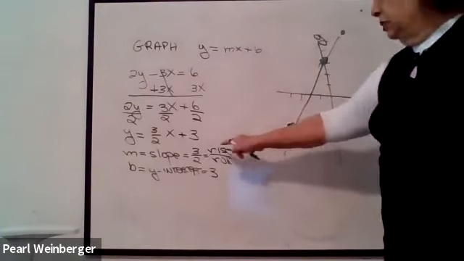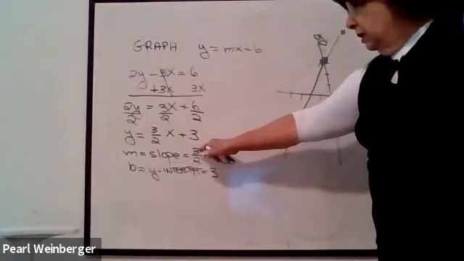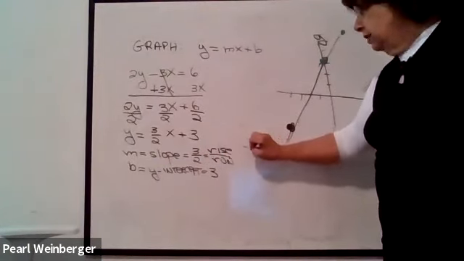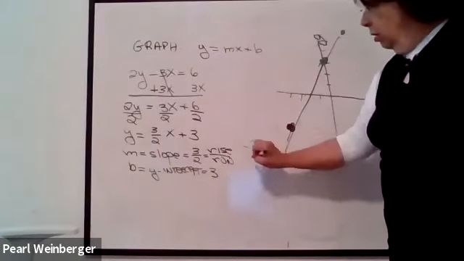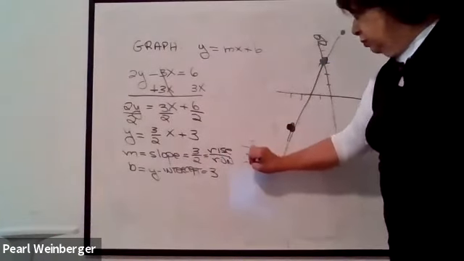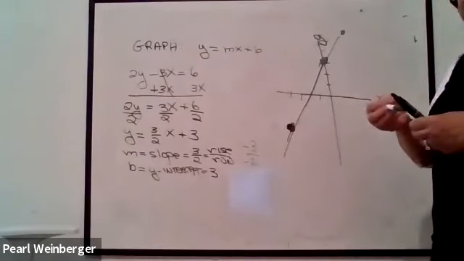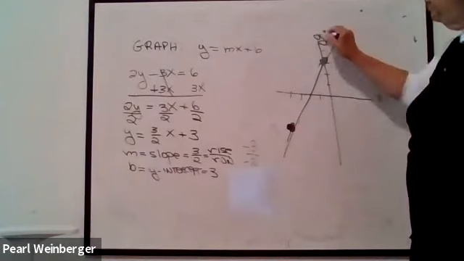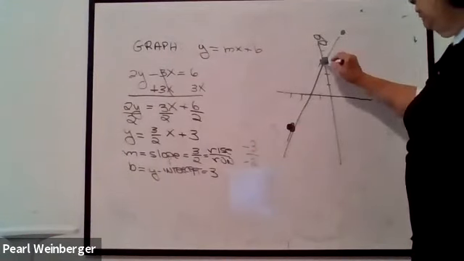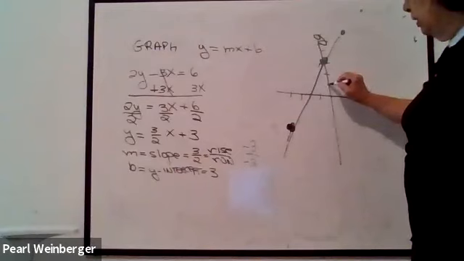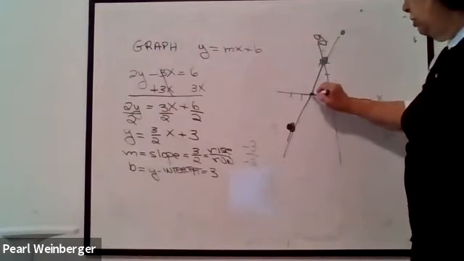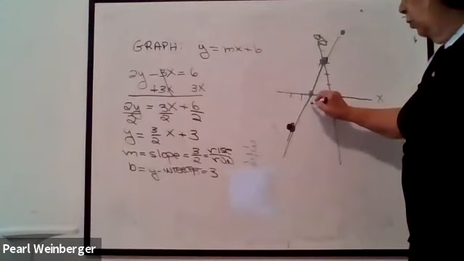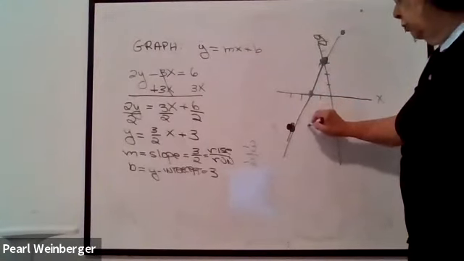Or vice versa, I could do just the opposite. 3 over 2 could also have been written as -3 over -2, because a negative over a negative is positive, which means from here, instead of going up 3 and 2 to the right, I could have gone down 3, 1, 2, 3, 2 to the left. And again, I could do this another time.